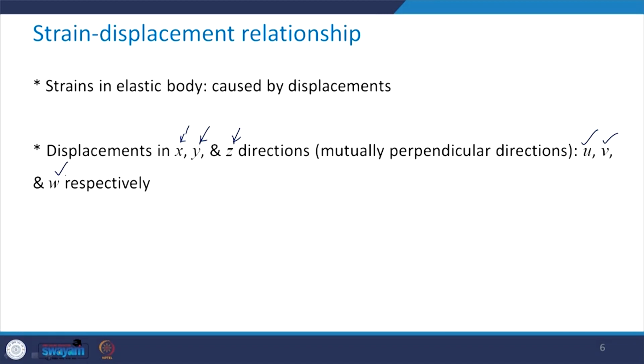These three directions are mutually perpendicular to each other. So, let us say this is your x, this is y and this is going to be z. In x direction the deformation is u, in y direction it is v and in z direction it is small w.